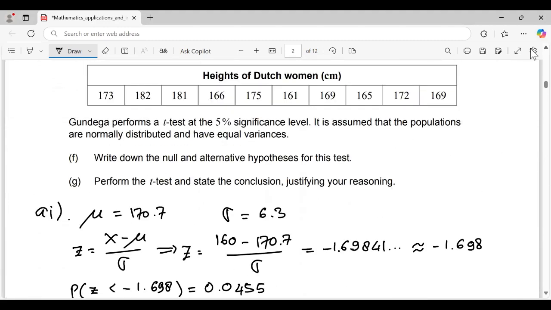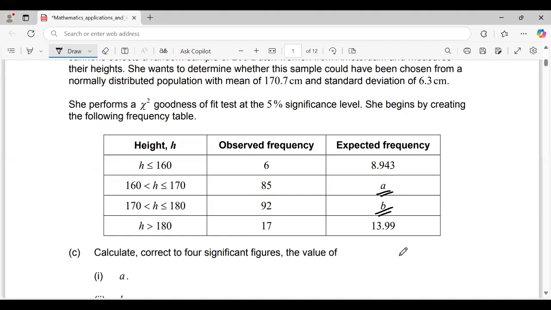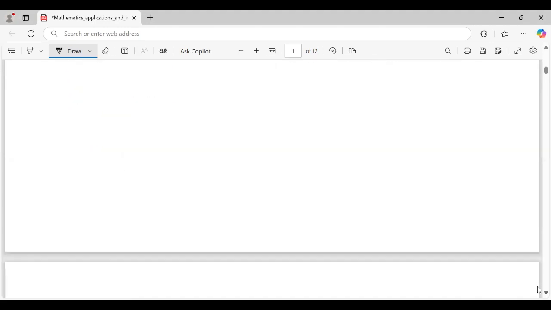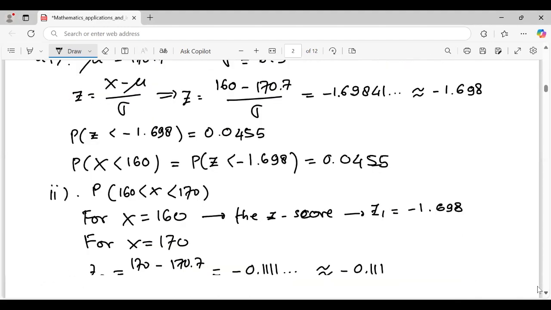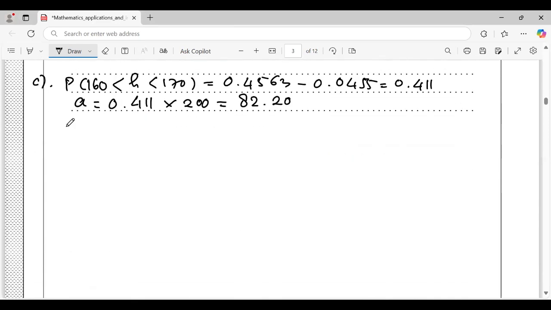On this table, this will be 170 to 180. So for X equal 170, the Z1 is minus 0.111 according to our calculation just now.